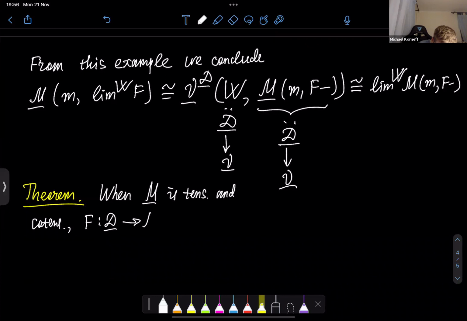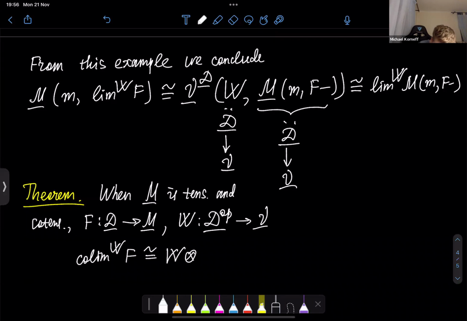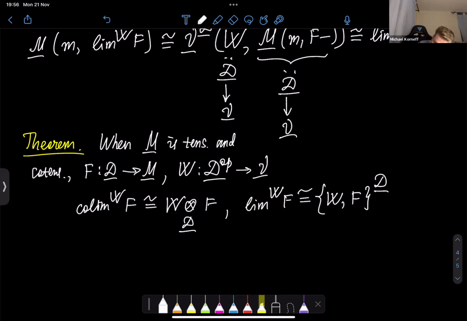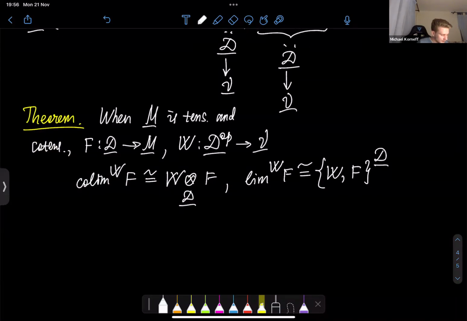F is the following V-functor, W the weight. Then the weighted colimit, as in the unenriched case, is just a tensor product, and the limit is a cotensor product, and they're defined via coend and end respectively, whenever the weighted limits and colimits exist, of course.